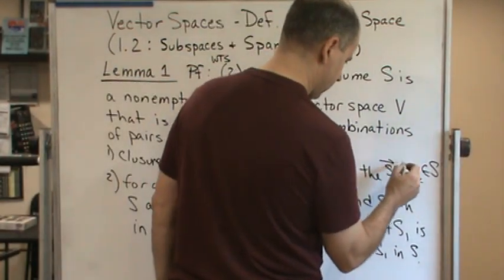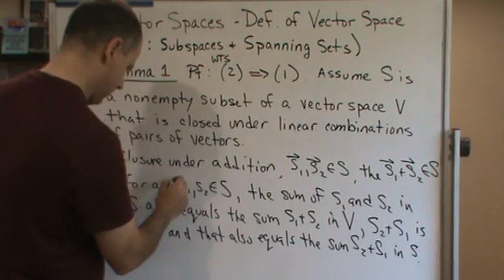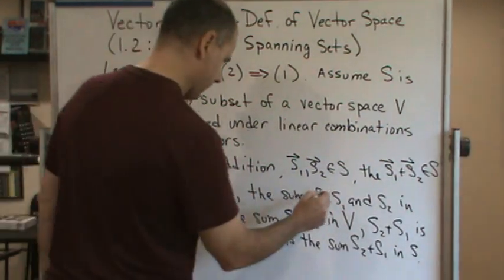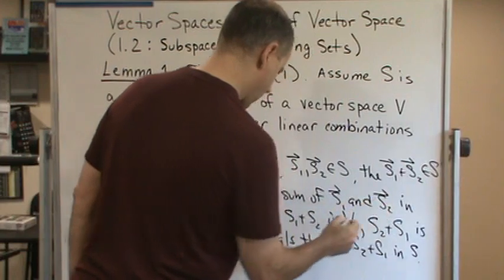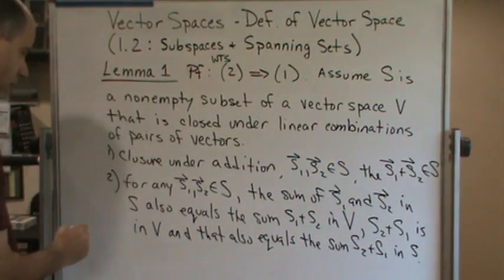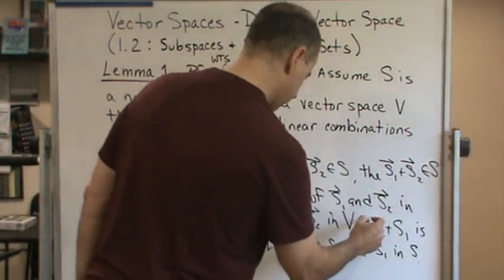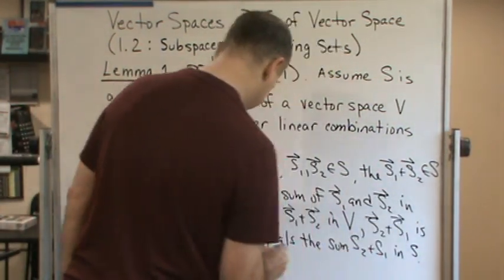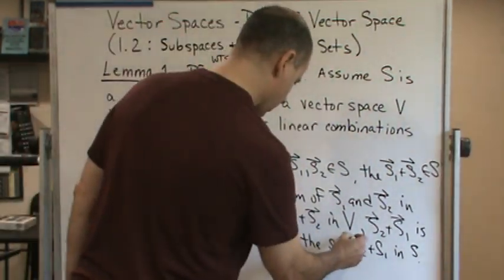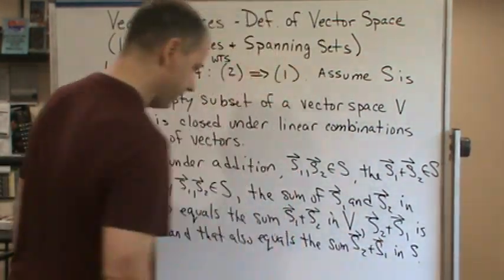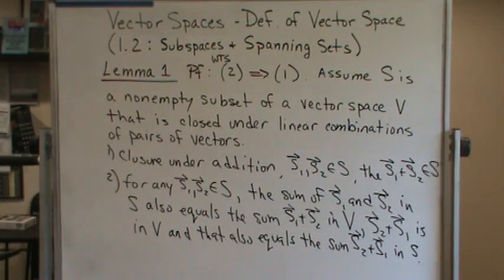I keep forgetting my vectors. It's obvious from the context, but all of these are vectors. So that means the commutative property holds as well.